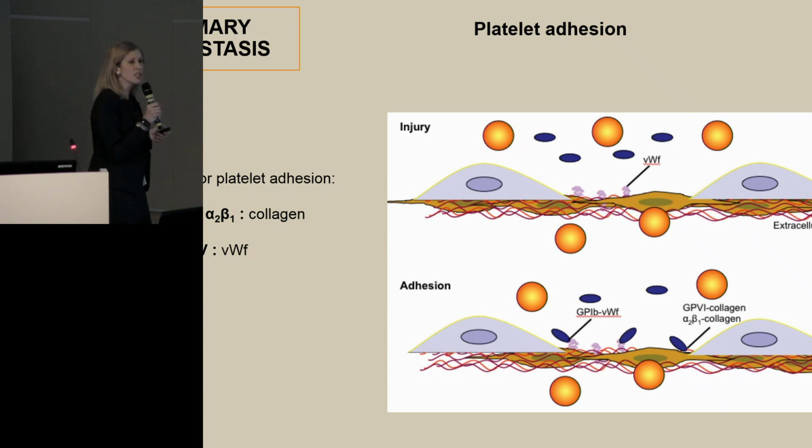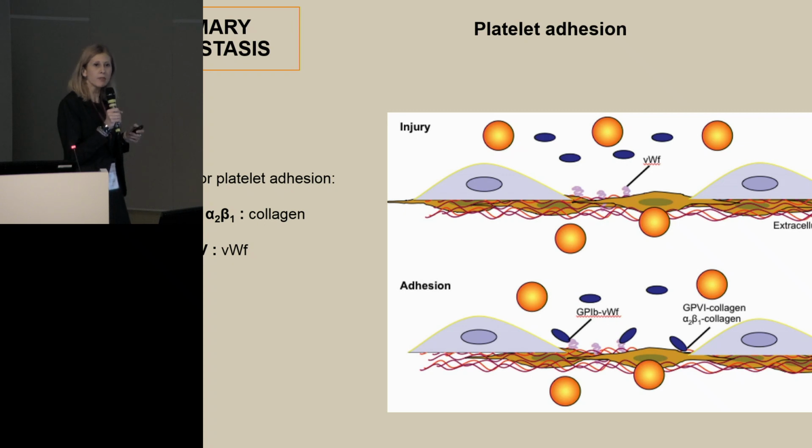And actually this adhesion depends on the local rheological conditions, because if we have high shear stress, if we have arterioles, the platelets come here with a very high speed. So it is very difficult for them to stop and to become connected suddenly to this extracellular matrix. So this is why we have first connections made between the platelets and von Willebrand factor. And these are unstable connections.